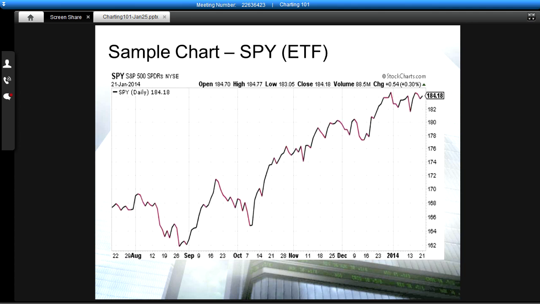This is a daily chart, and as I said, you'll see both time and price on this chart. At the bottom, you can see time, and this chart shows 6 months, and then price shows the price that it rose and fell within that time frame. So we can see that within the last 5 months, it went from a low of about 162 to a high of a little over 184.